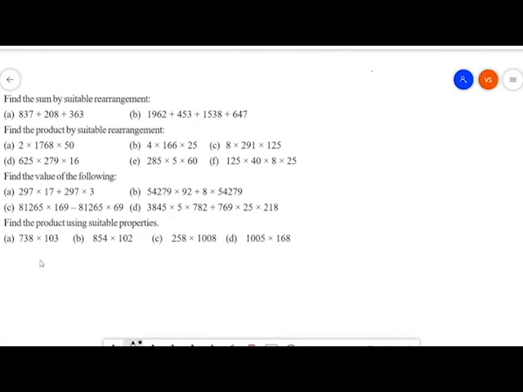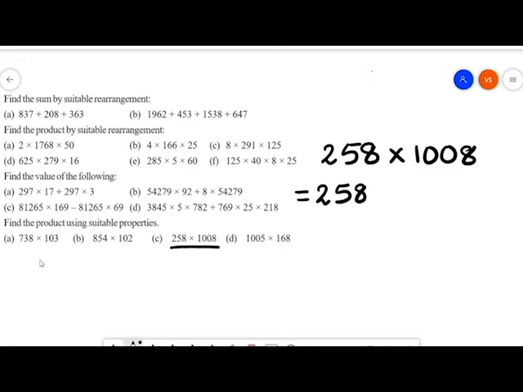Now let's take another example. 258 into 1008. So I'm expanding this as 258 into 1000 plus 8.